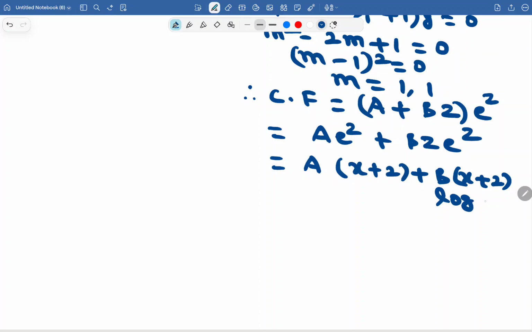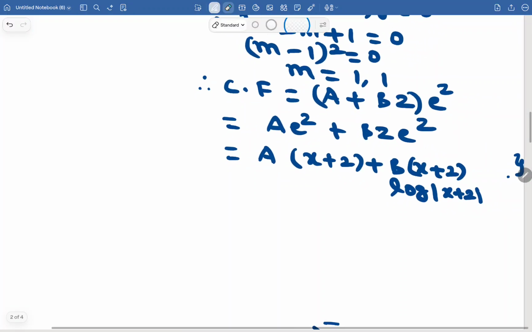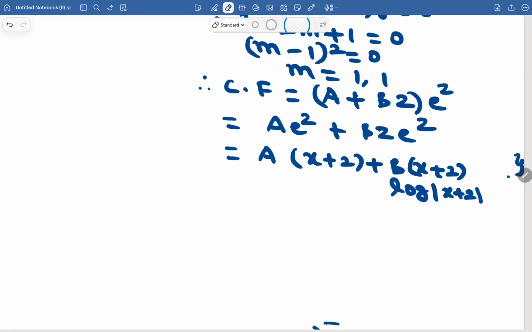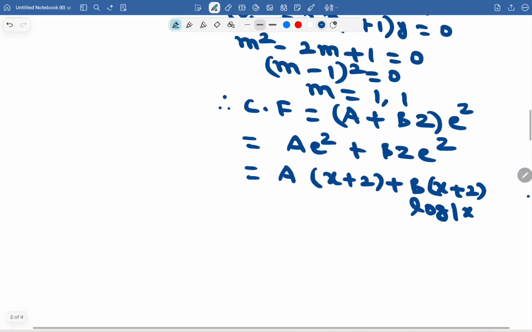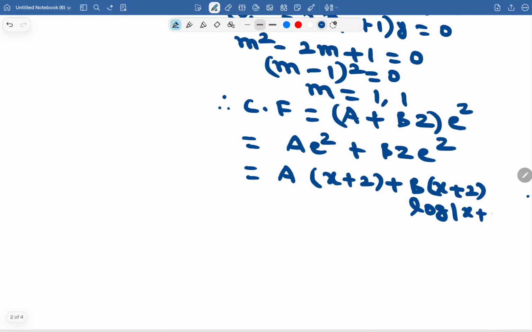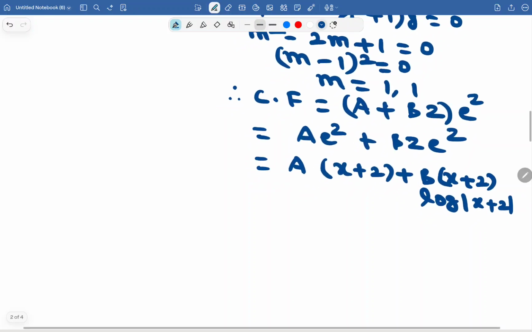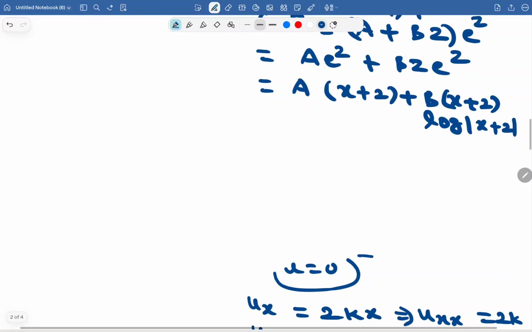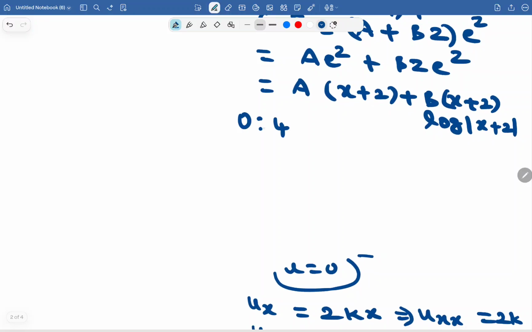What is z? Log modulus of x plus 2. Therefore for this problem, option 4 is the correct option.